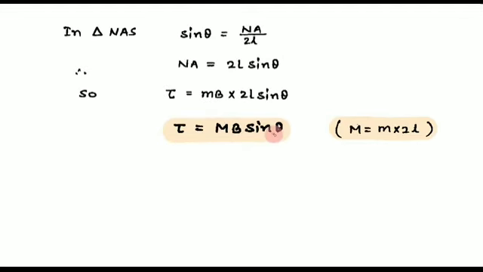Here M is also a vector: capital M is equal to small m into 2L, the pole strength into the length of the bar magnet. So we substitute the value here, and torque is equal to M B sin theta.